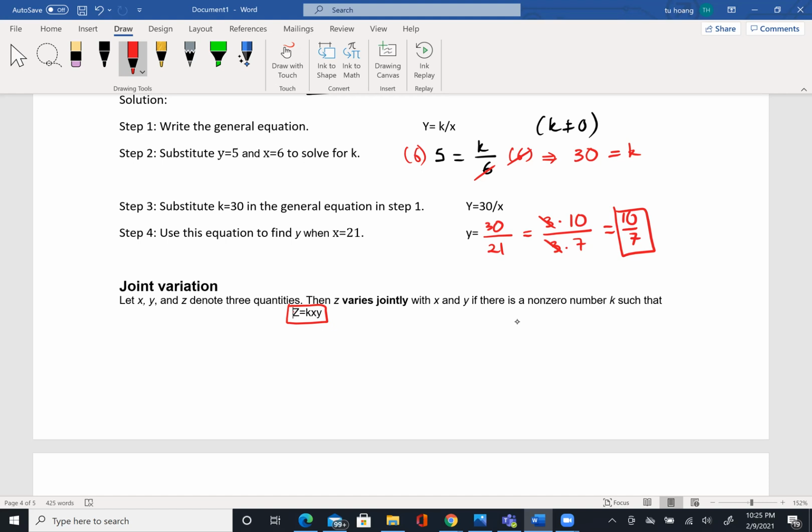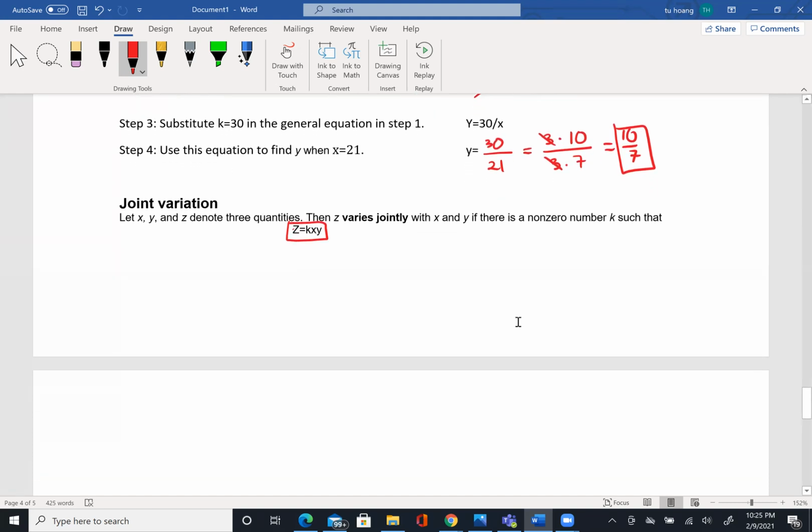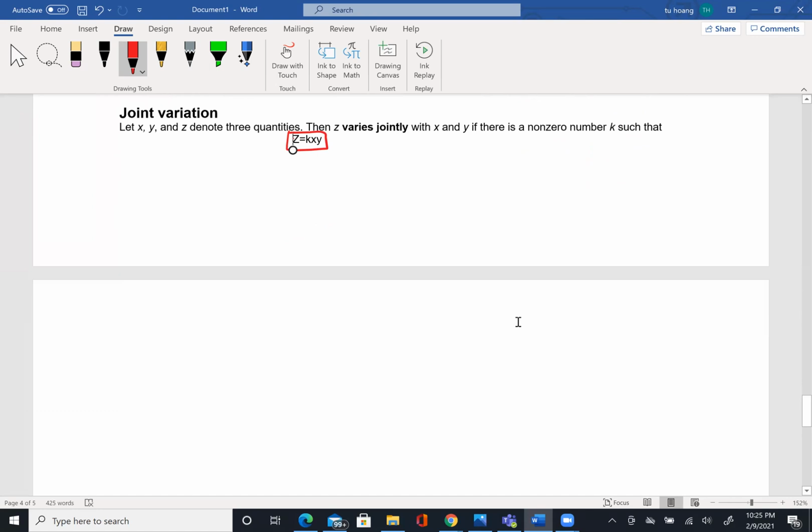Okay, so let's do an example. Oh, before going to this one, I would like to have some formulas for it.